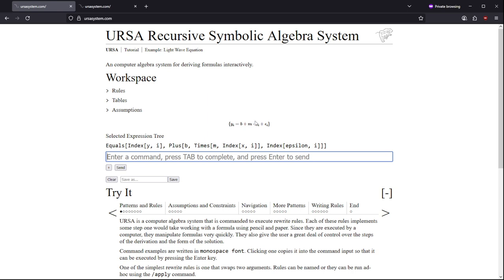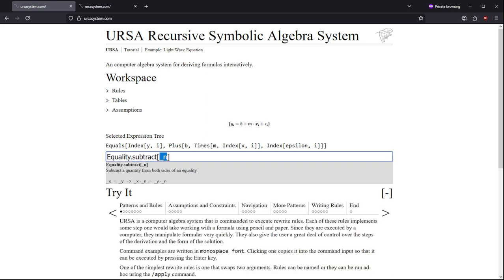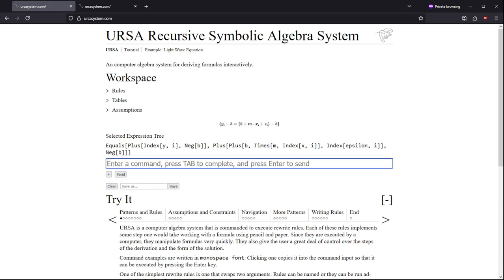So to isolate epsilon i on the one side of the equation, we basically need to subtract off the other terms, and that can be done with the rewrite rule equality.subtract, which you give a term and it subtracts that term from both sides of an equation. So I can say subtract b here, and b gets subtracted from both sides.